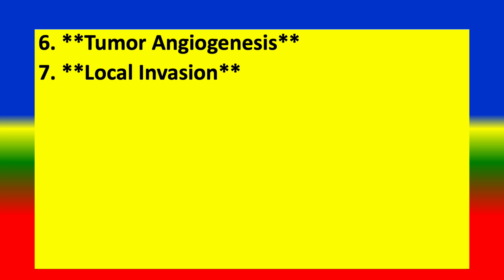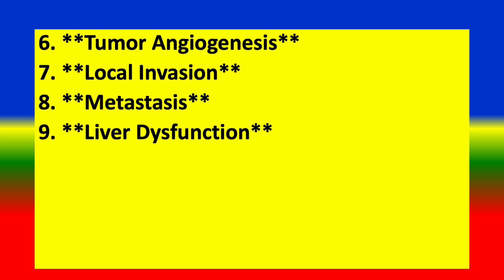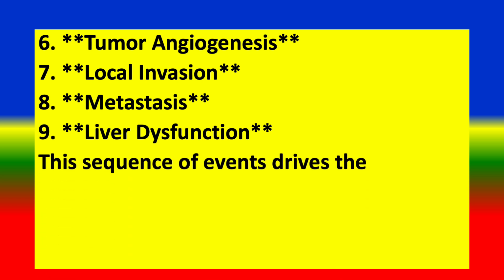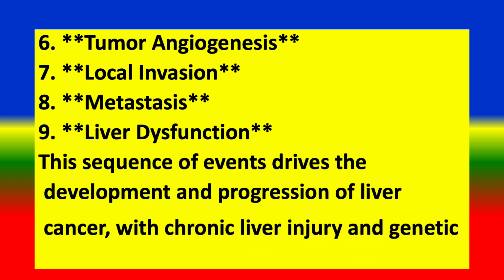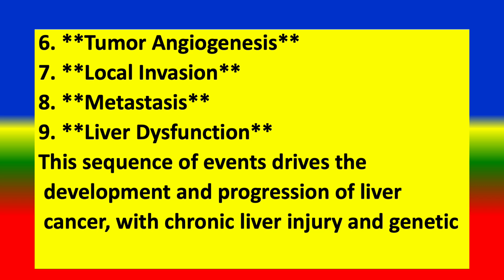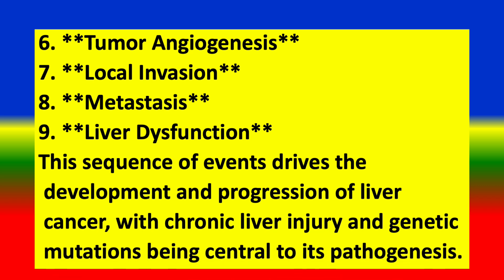Local invasion. 8. Metastasis. 9. Liver dysfunction. This sequence of events drives the development and progression of liver cancer, with chronic liver injury and genetic mutations being central to its pathogenesis.